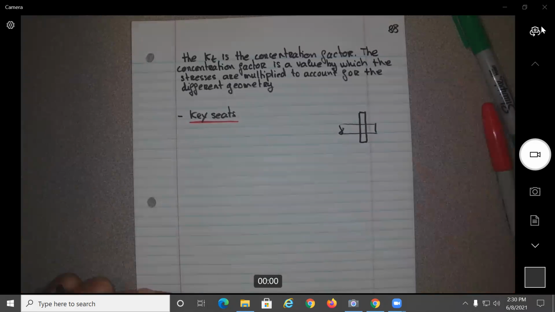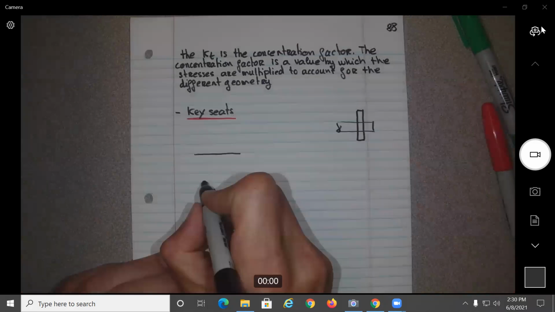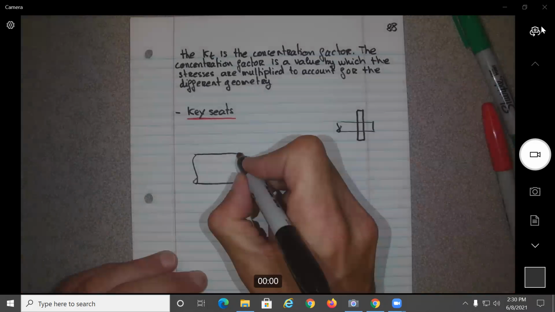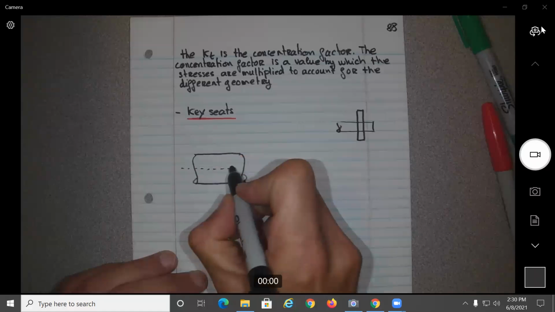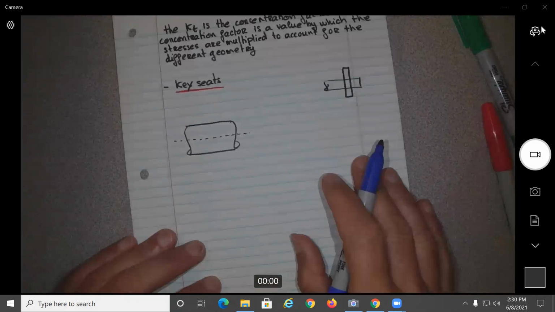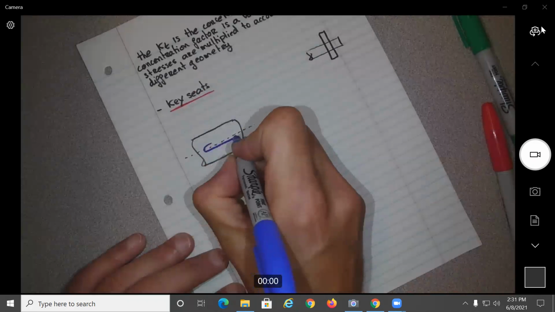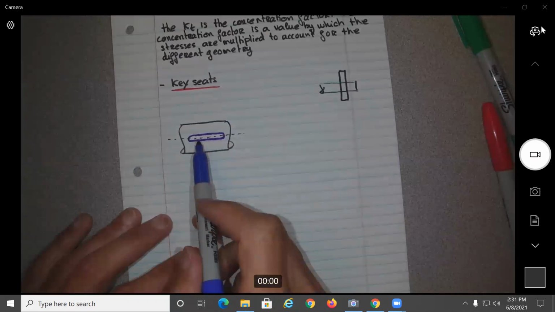This is done in two different ways. You can have your shaft over here, and what you can do is mill, so you can make a groove, no, using a mill.